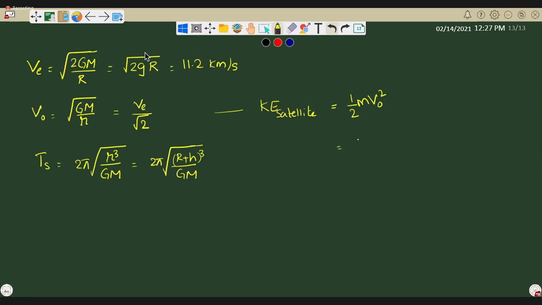GM by R. So half G capital M small m divided by R. Correct? So kinetic energy of your satellite is GMm divided by 2R. Understood?